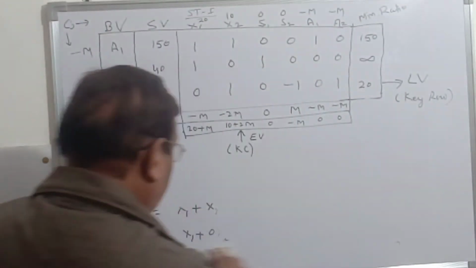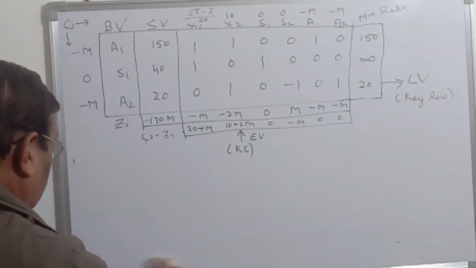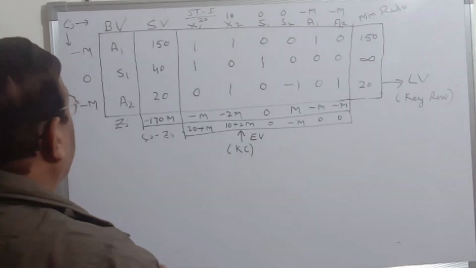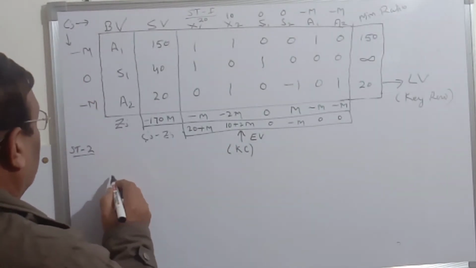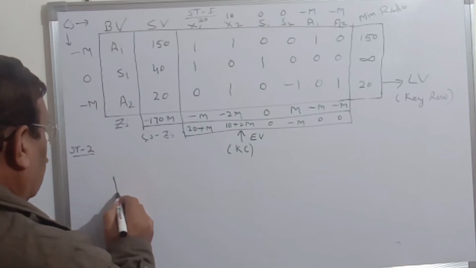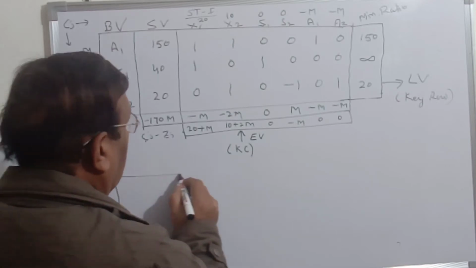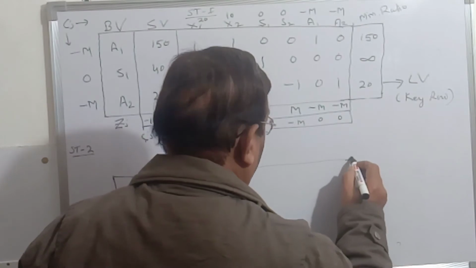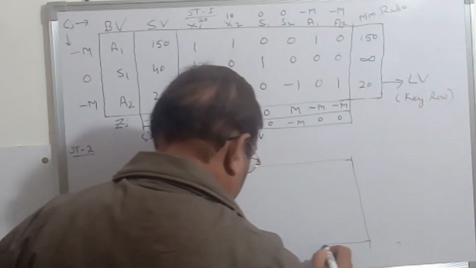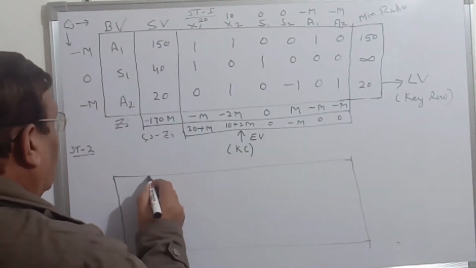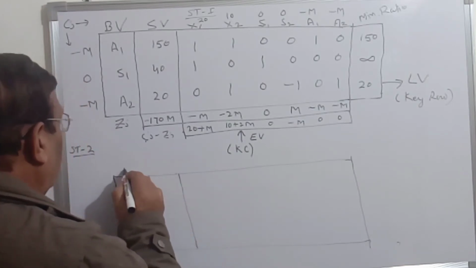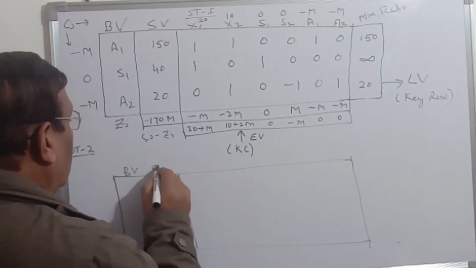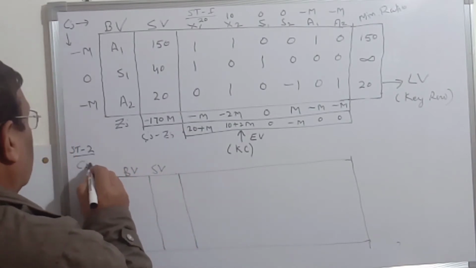Then let's formulate the next table, simplex table 2, with the same lines: basic variable, solution variable, CJ.